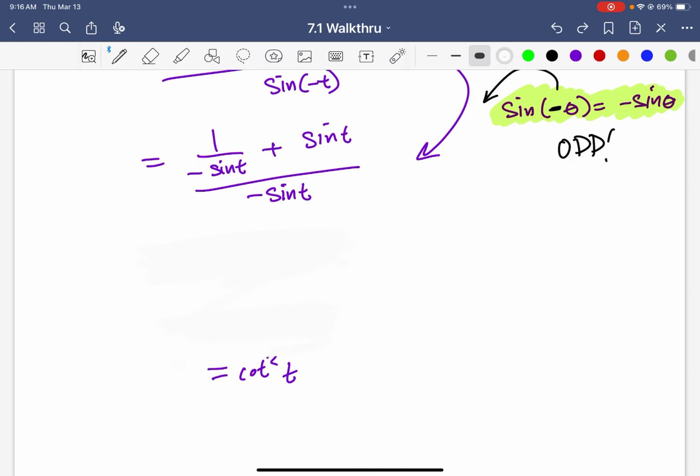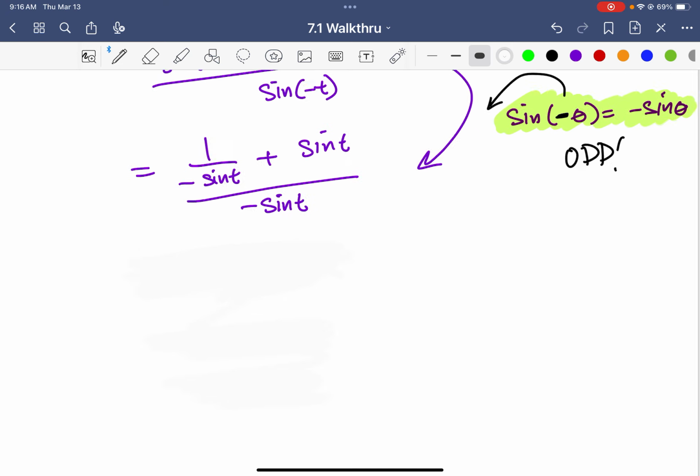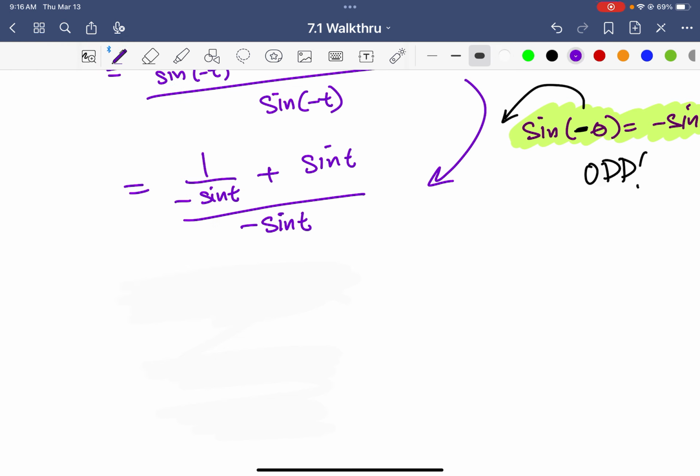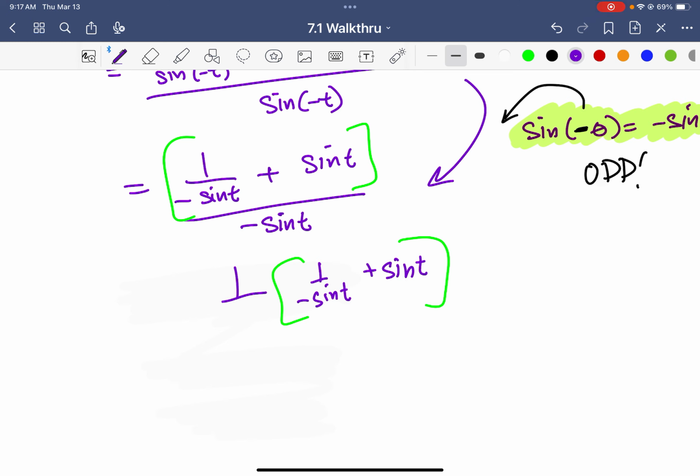So now that I've moved all those, I really want you to see that if you divide by negative sine squared, so if I take all this stuff and divide by negative sine squared, that's the same as taking all of this stuff, and instead of dividing by negative sine squared, I'm going to multiply by 1 over negative sine.